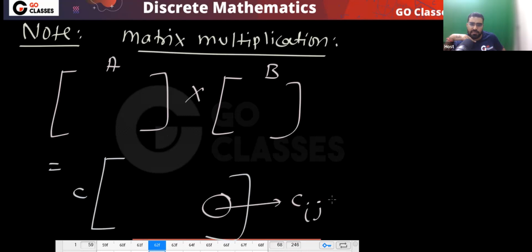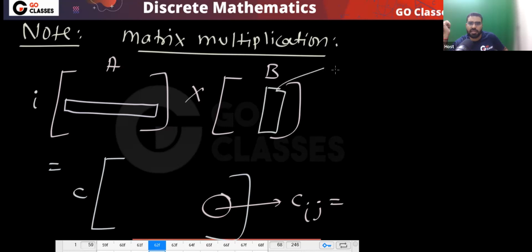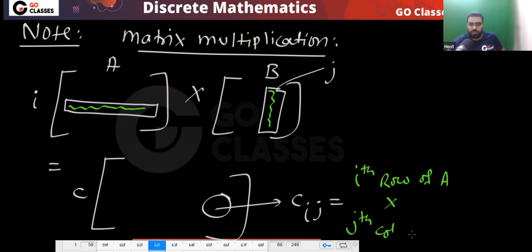This Cij entry will be the ith row of A and the jth column of B. Yes or no? Is this clear to everyone? Please tell me. This is what happens in a matrix multiplication: the ith row of A is multiplied with the jth column of B.